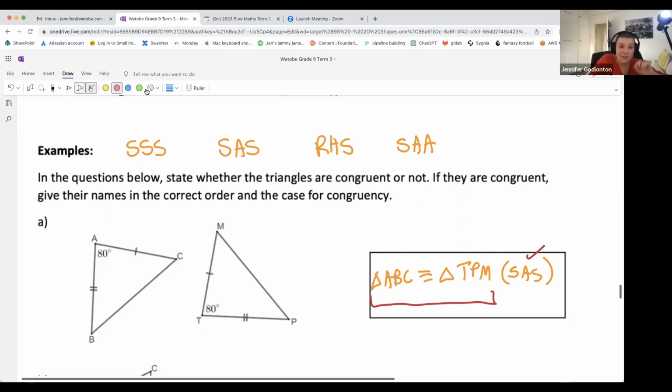Okay, let's just make sure for anyone who's not 100% sure what's going on here. That side is the same as that side. That side is the same as that side. And then we have our angle, which is nicely nestled in the middle of our side sandwich. So we can see that this would be a side angle side situation.